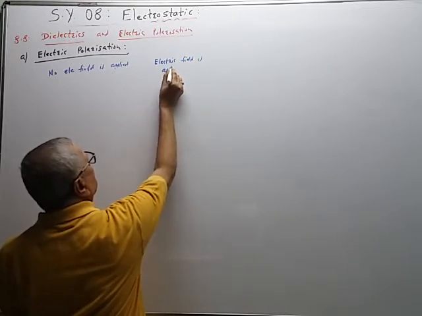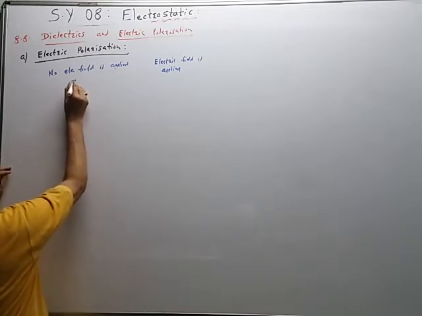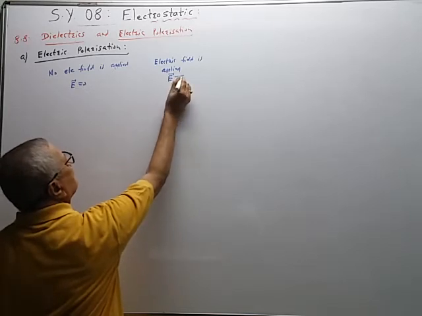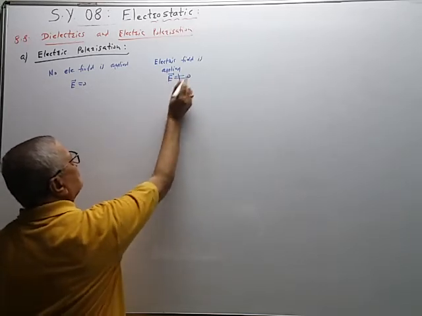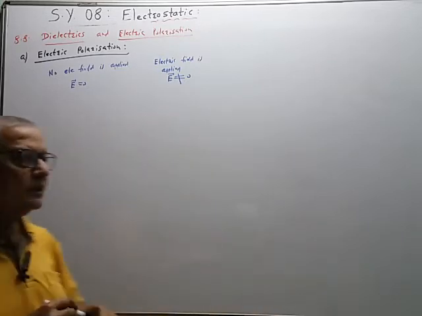So E is equal to 0, and E is not equal to 0. So the effect of electric field is like this.